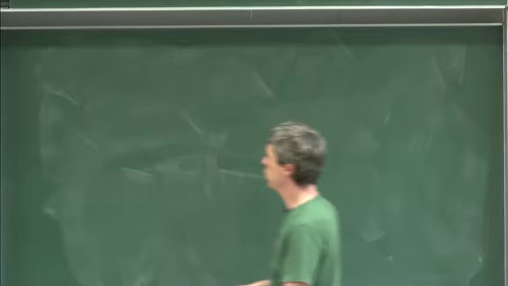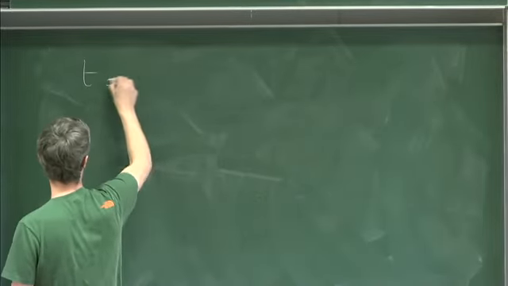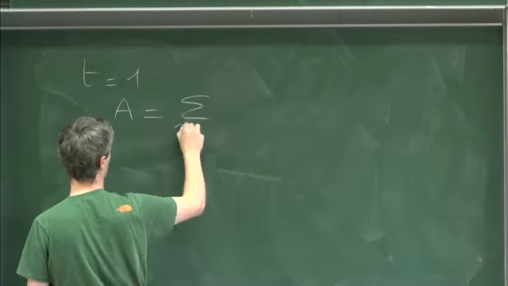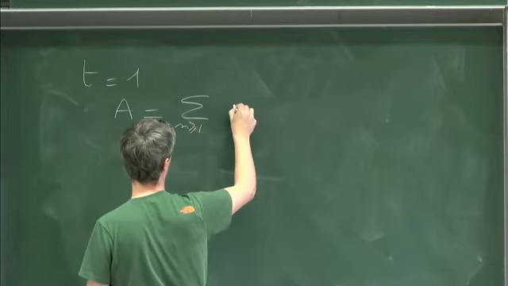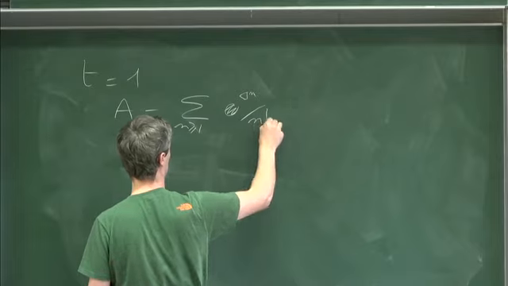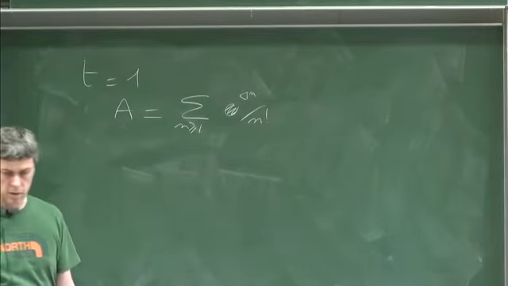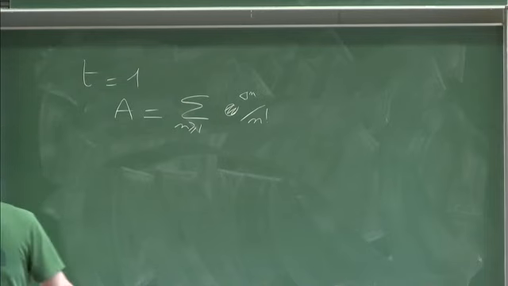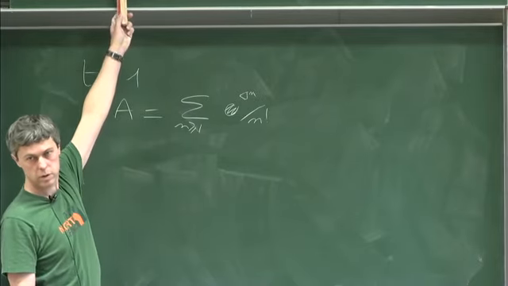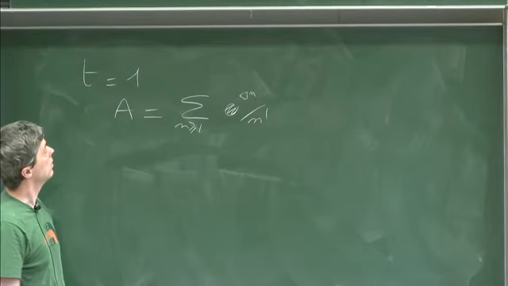So I just put t equals 1. Okay, and I define A, which is the sum over n greater than 1 of bullet 3 and other. So this is an element in the group of tree index series. Of course, it's invertible because it starts with a non-zero coefficient in degree 1.